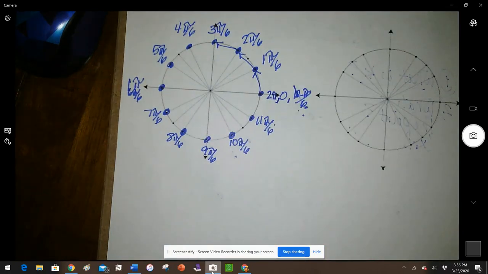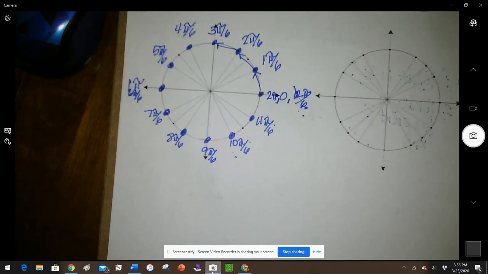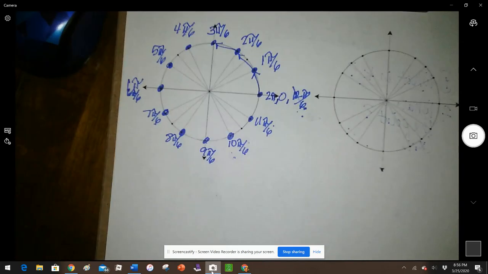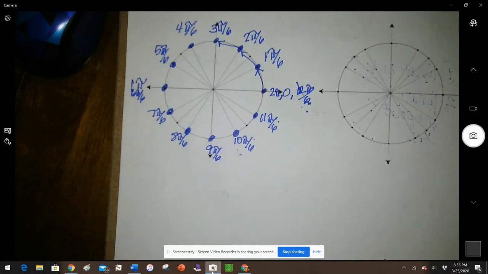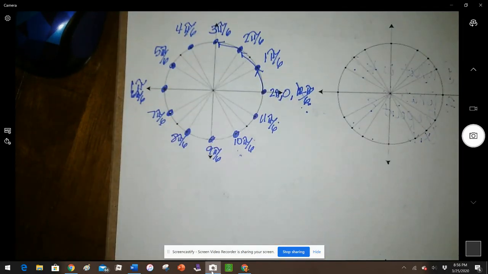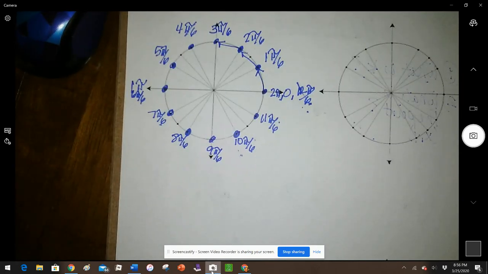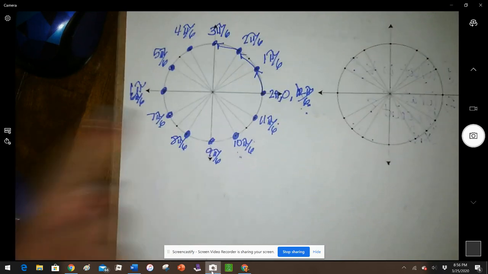Okay, so again, I promise you there is a method to the madness. At some point or another, I'm going to ask you, hey, where is 7 pi over 6 located, right? And you're going to have to tell me, oh, it's in quadrant number 3. And you need to be able to come up with that number really fast, right? So 7 pi over 6 is in quadrant number 3.